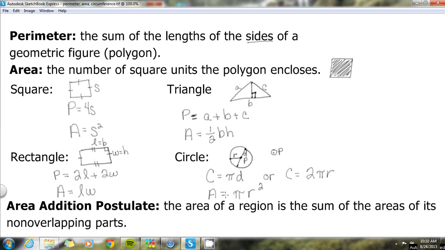We also have an area addition postulate, which tells us that the area of a region is the sum of the areas of its non-overlapping parts.